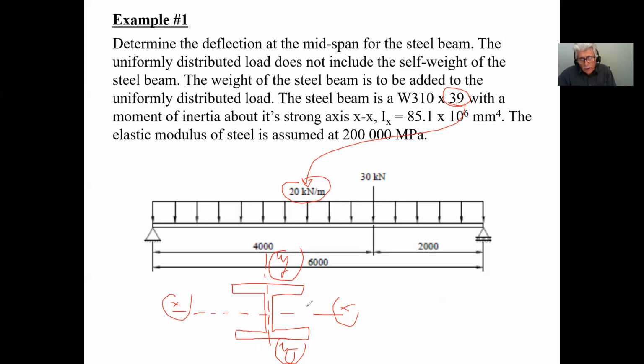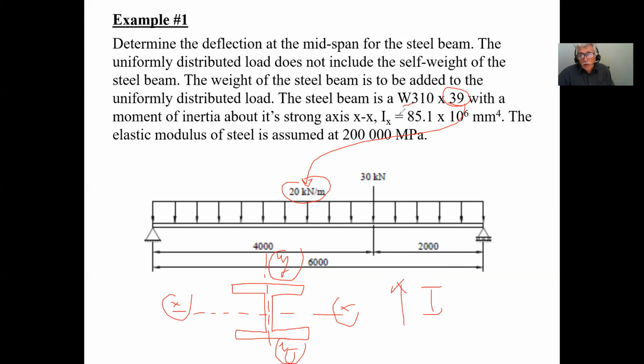So the moment of inertia is what contributes to the stiffness of the beam. The higher the moment of inertia, the higher the I value, the stiffer it is, or the less it's going to deflect. So if you want to control deflection, you pick a beam that has a very high moment of inertia, okay?